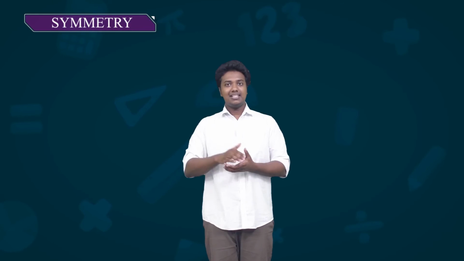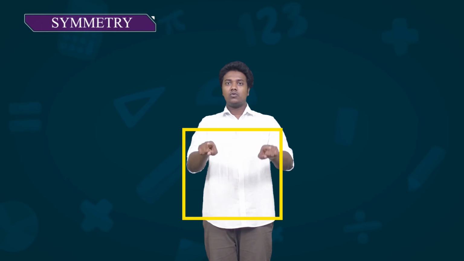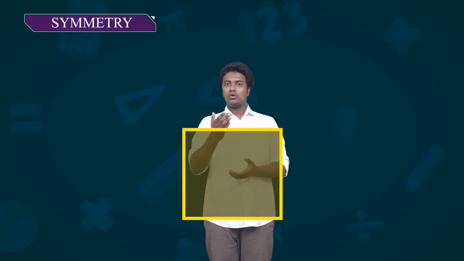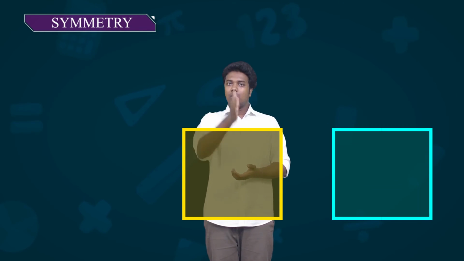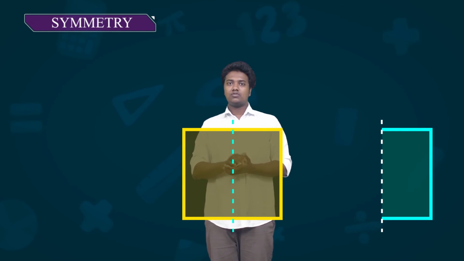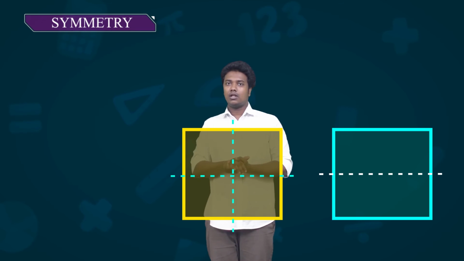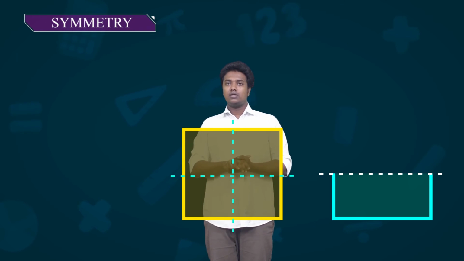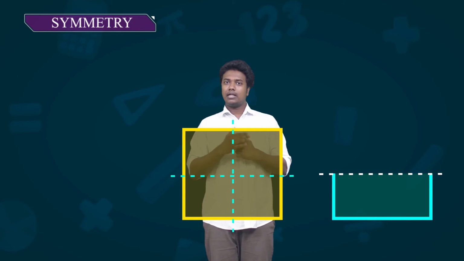Now let us consider another example. Suppose you take a square. For this square, if you draw a vertical line, this vertical line is a line of symmetry, and if you draw a horizontal line, you can roll the square, so there is also a horizontal line of symmetry. Can you think of other lines?